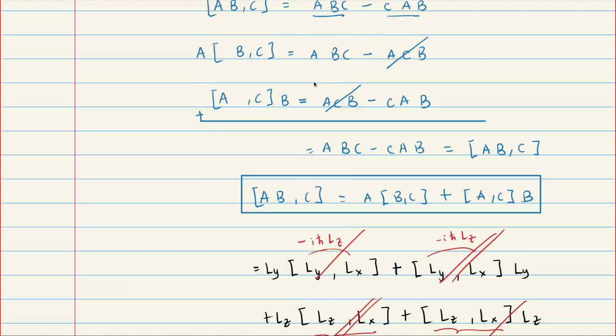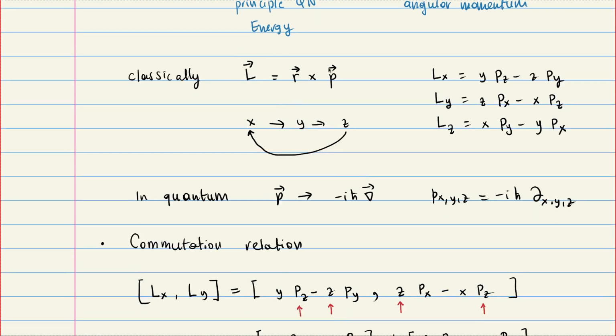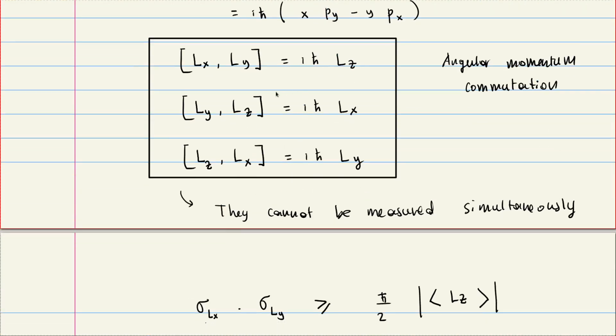That's absolutely correct. Here is what we said, right? Classically, angular momentum is this, and then there's a P here. Let's promote it to an operator, and from here we obtained this algebra. But actually, from a mathematical point of view, this algebra is more fundamental than anything else.